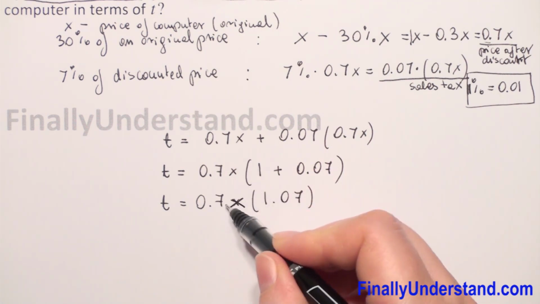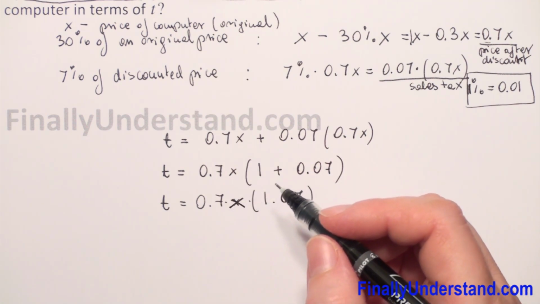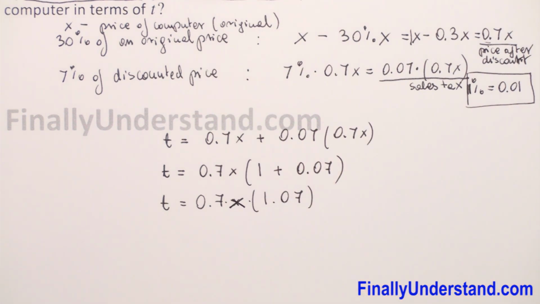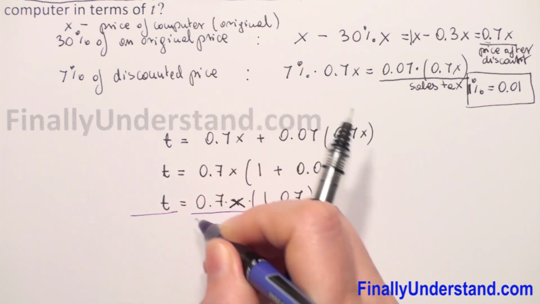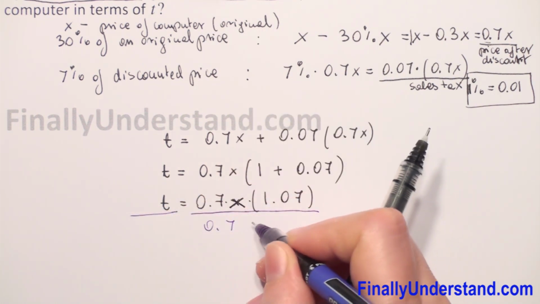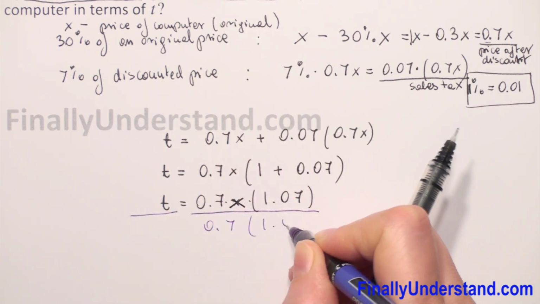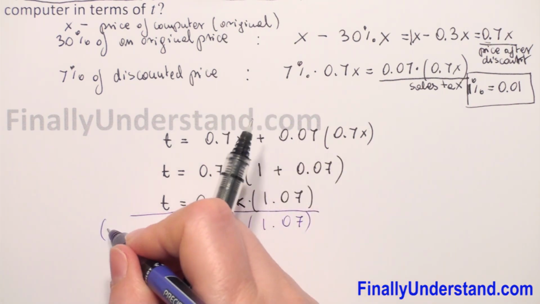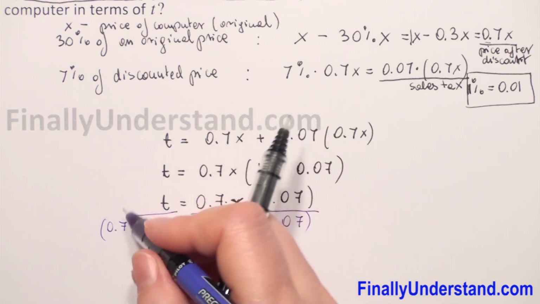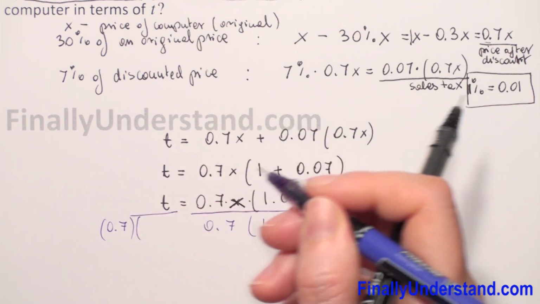So now, because we have to find X, and we have multiplication here, I will divide both sides by 0.7 times 1.07. We have to always divide or multiply both sides.